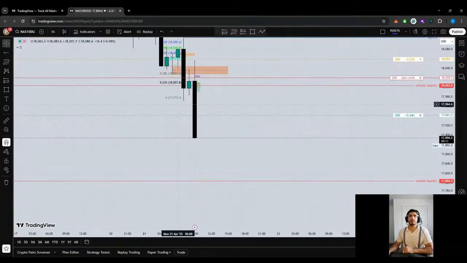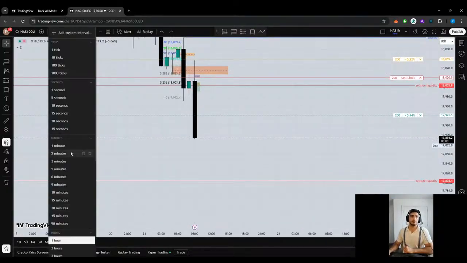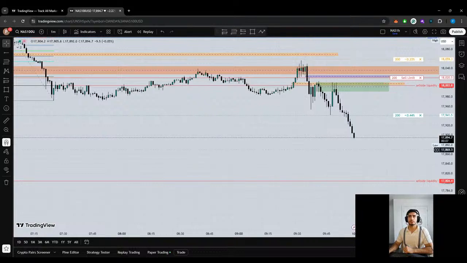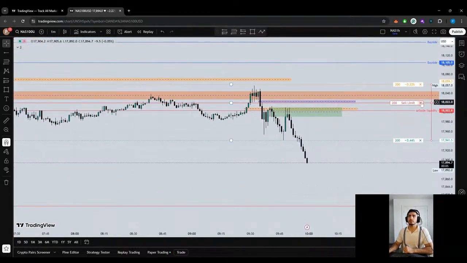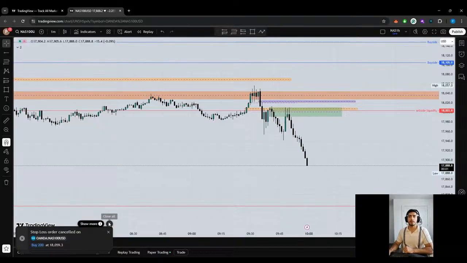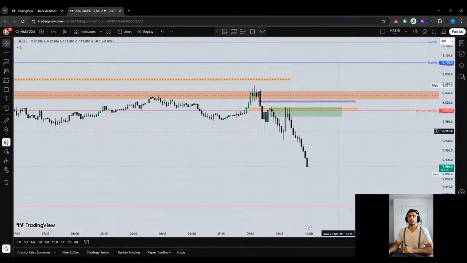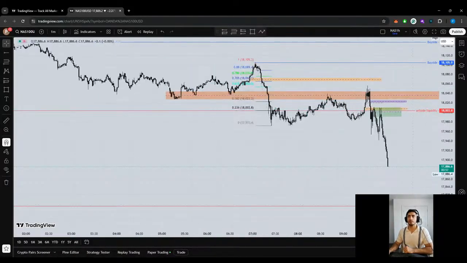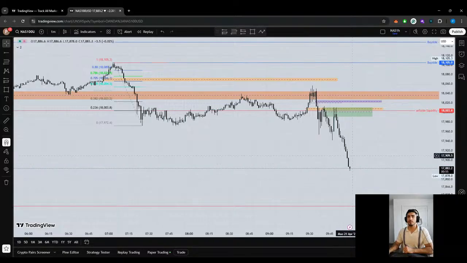I'm going to take off my sell, and see what type of reaction we get under this sell side liquidity. And if we start creating structure above it to be able to use that as a reason to enter, maybe on the buy side.